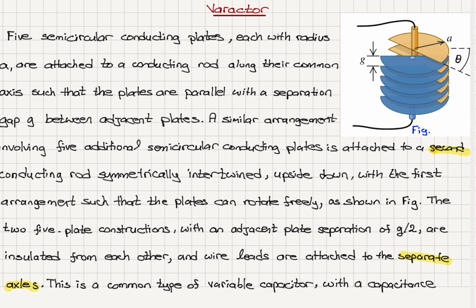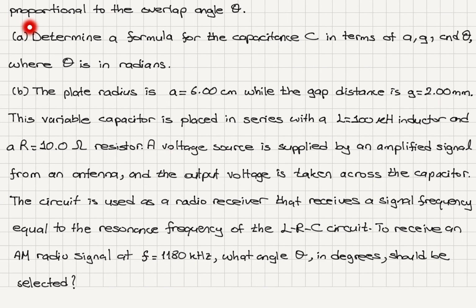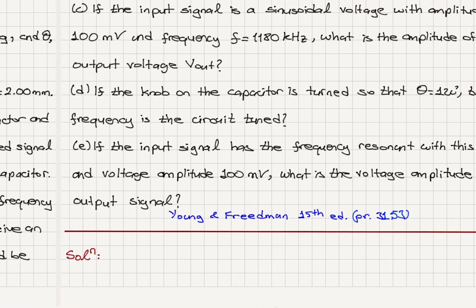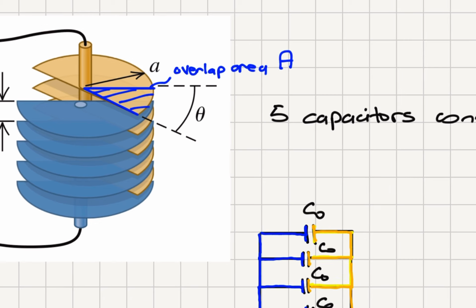All right. Part A, determine a formula for the capacitance C in terms of A, G, and theta, where theta is in radians. Okay, so if I look at this setup here, I have the overlap angle theta, and the overlap area between these two conducting plates will be determined by this angle.